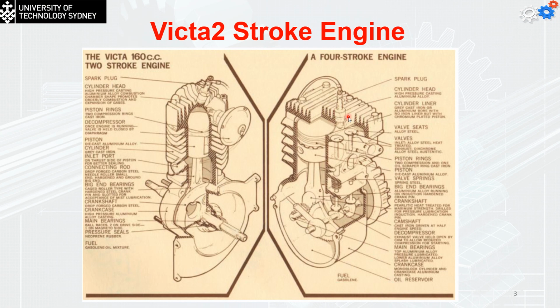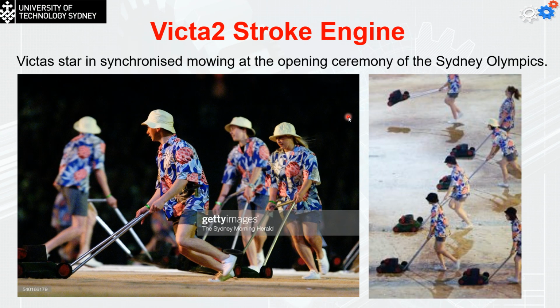One of the memories we had for the mowers in general, the mowers, was at the opening ceremony of the Sydney Olympic Games in the year 2000. The engine which was operating these mowers was the same one we are going to work on, which is the two-stroke engine.